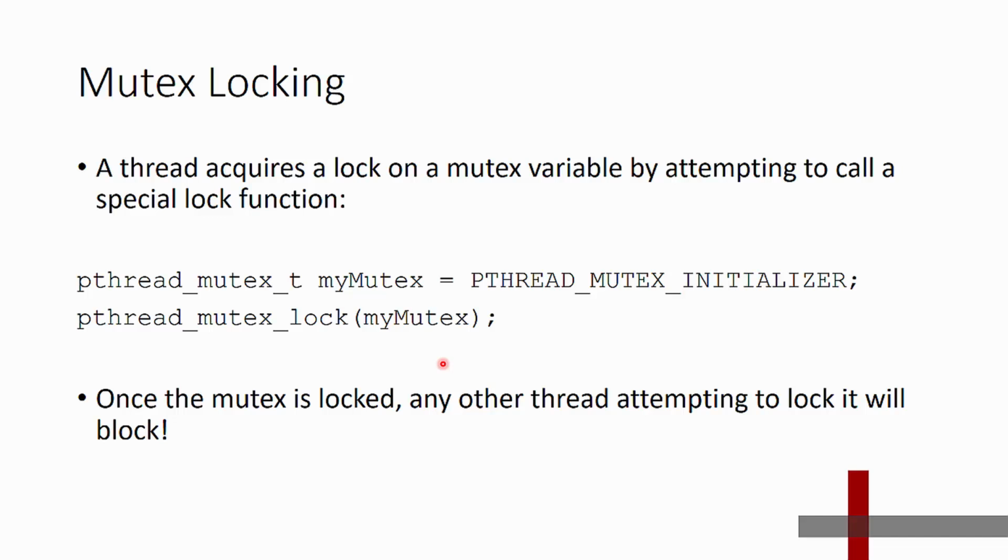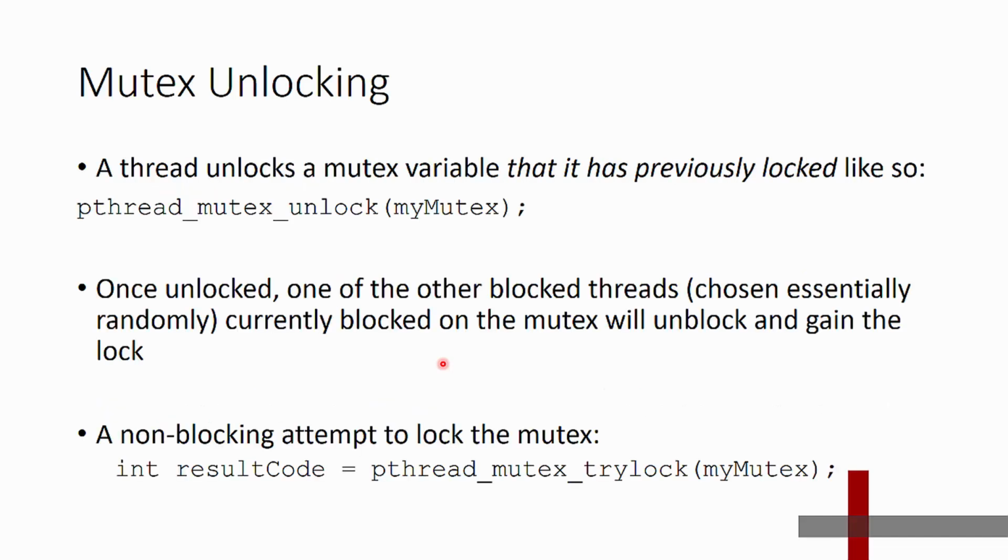Any other thread will block and not run any further if they try to lock something that's already locked. Picture a treasure chest that's already got a padlock on it. If you walk up to it and put your own padlock on it, you're not going anywhere either. Your padlock is going to block you there because there's already one on there.